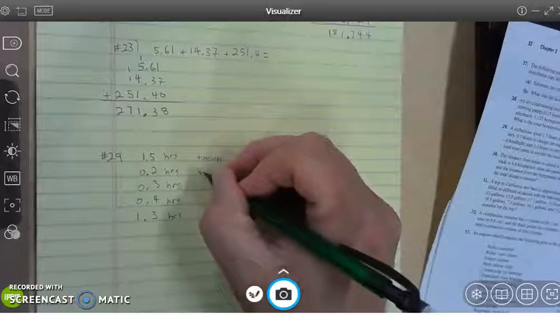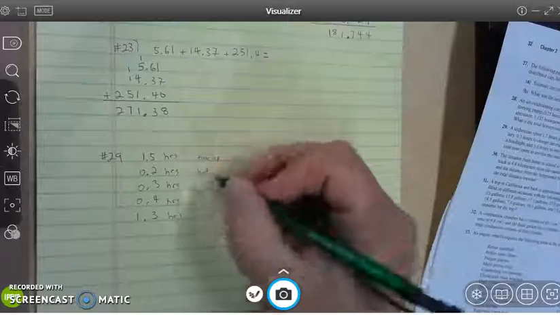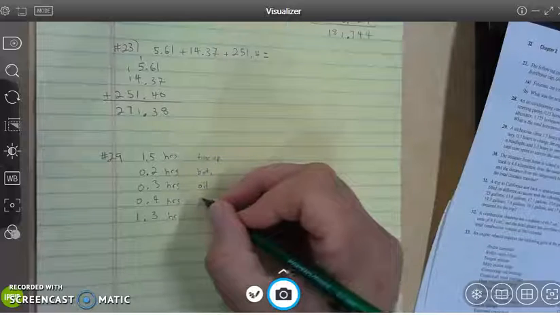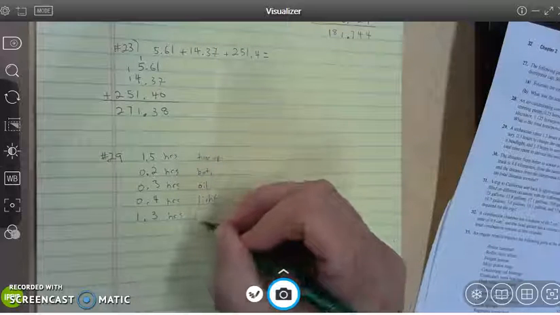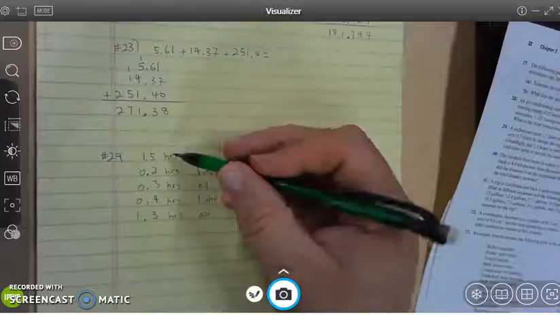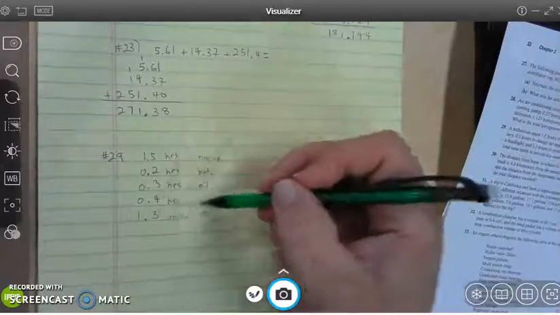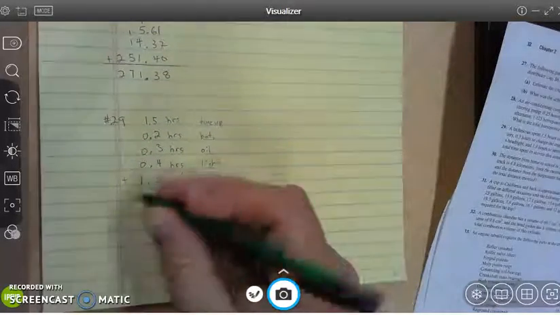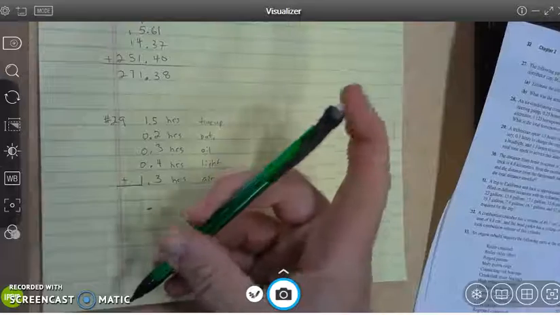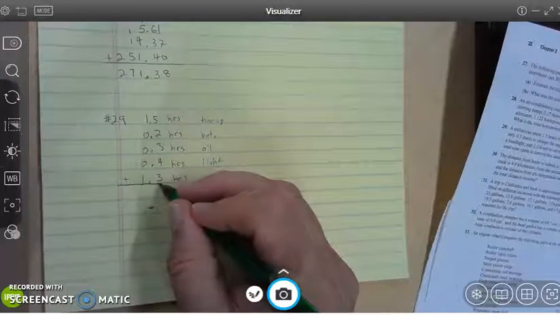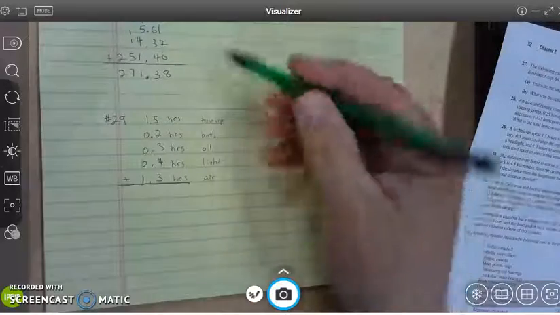Tune up, battery, oil, light, and air conditioning. So in the real world setting, I might want to know, and I can go back and double check or defend any work that I had to do, or indicate that, be able to discuss whether I have the right amount of time in each thing.